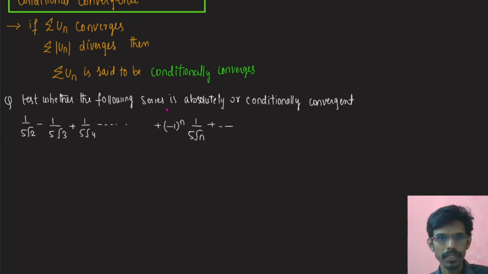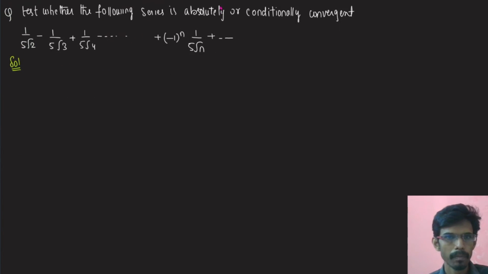Test whether the following series is absolutely or conditionally convergent. We have this sequence. Now let us see here. Given series is sigma un, that is sigma minus 1 power n into 1 by 5 root n.